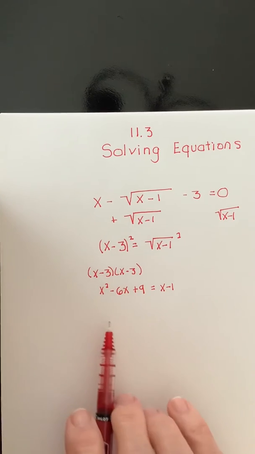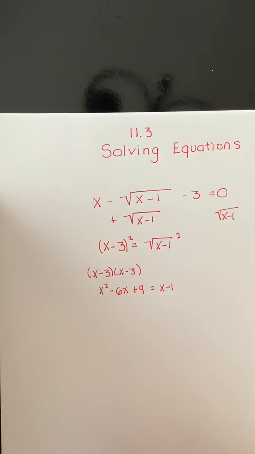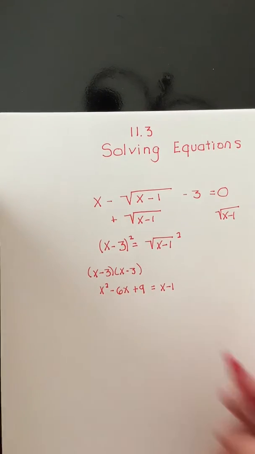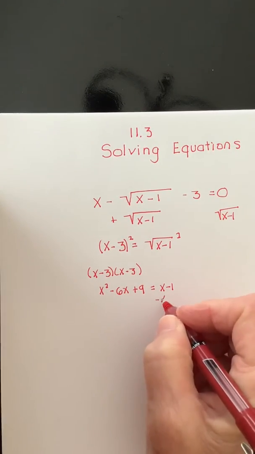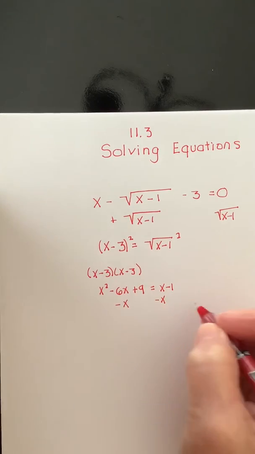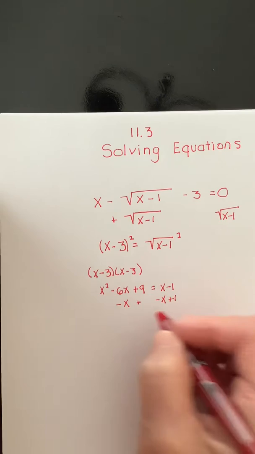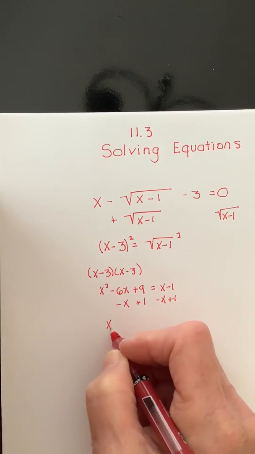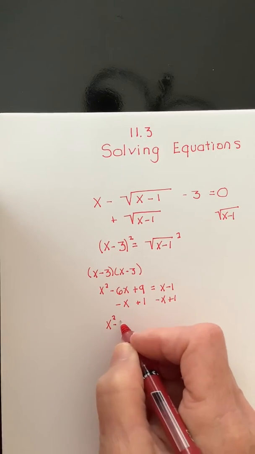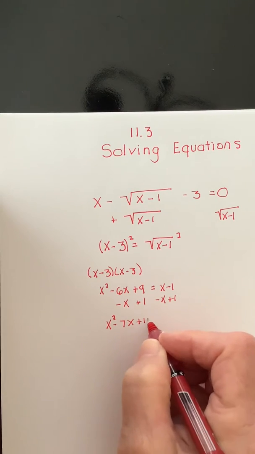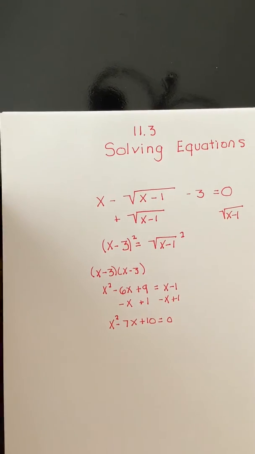Anytime we have an x squared, we can complete the square, we can factor, we can use the quadratic formula. Let's just move all this stuff over and see which one seems to be the easiest thing to do. So we're going to subtract 1 from both sides. I'm going to add 1 to both sides. And I have x squared minus 7x plus 10 is equal to 0.